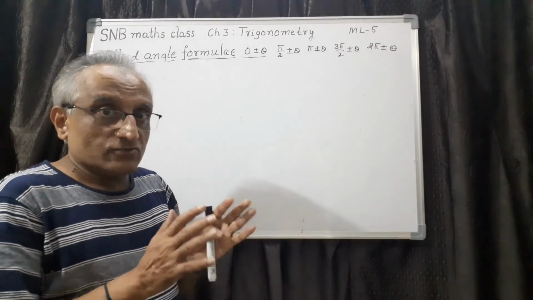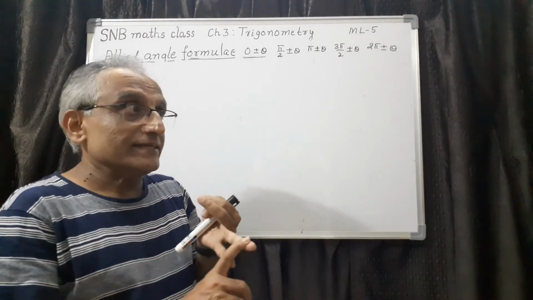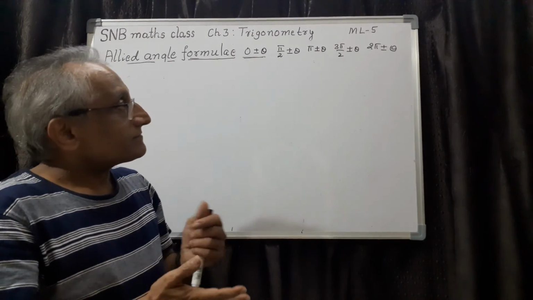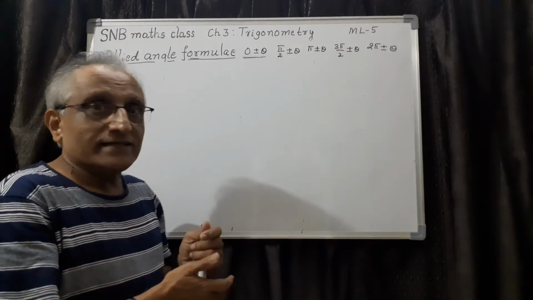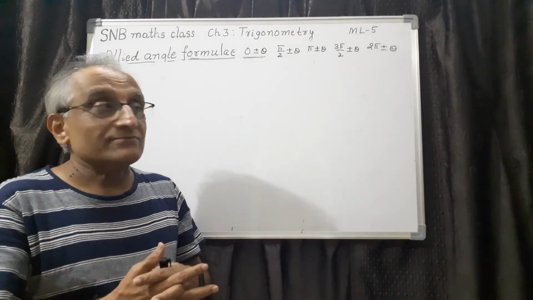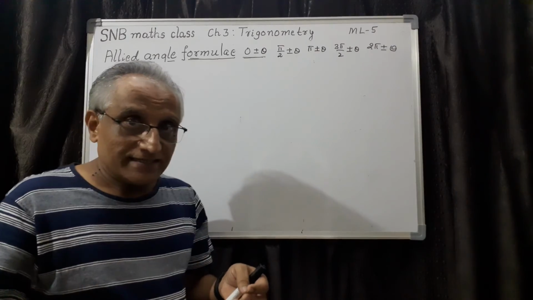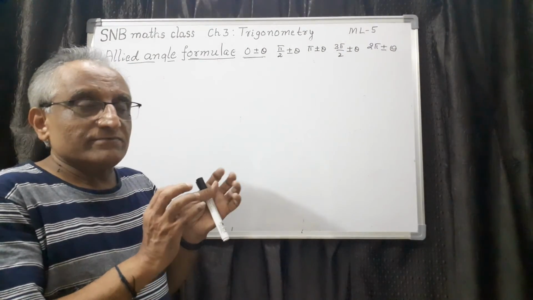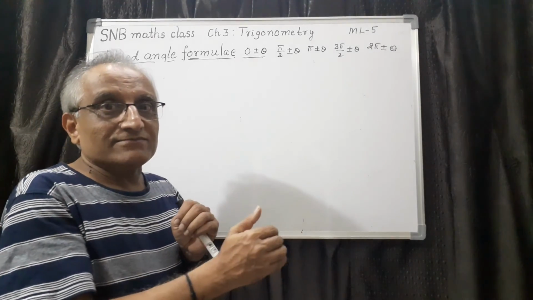So what I have done so far is ratio we have defined, then we have studied the basic nature like sine rule, then we have studied fundamental identity and how to prove it. Then we have also studied some standard angle values. I have also shown you how to prove it. Proof is not necessary. But what is very important is all these concepts must be permanently registered in your mind so that future study becomes simple.